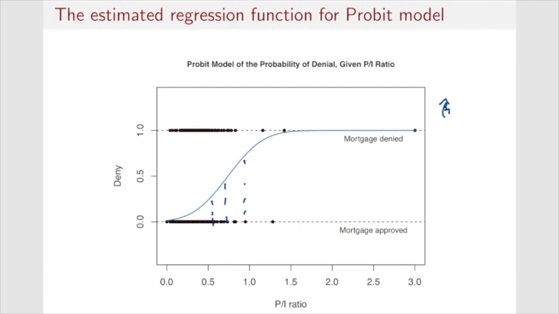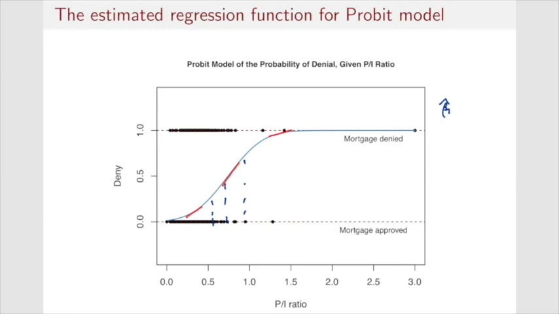For instance, the marginal increase in the probability is very small when the PI ratio is very small or very large, but if the PI ratio is at an intermediate level, the marginal increase in the conditional probability is very large.